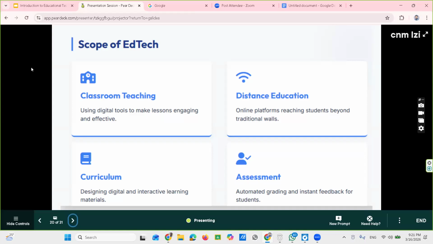It may be 2 days, 3 days, a week, sometimes 2 weeks. But if you are using educational technology and grading tools, in that case you can give feedback immediately after they complete the assessment. Right, I will do one example at the end of this session.